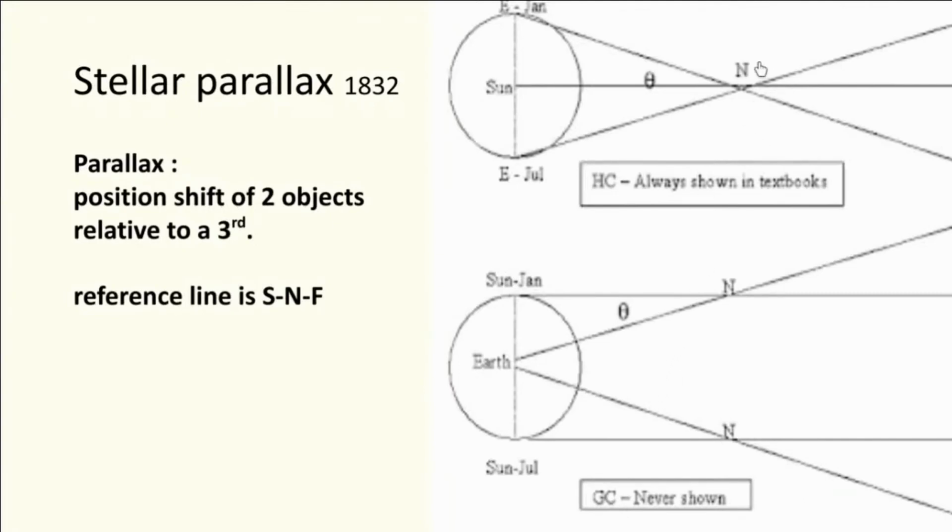When you use the geocentric model, you get the same results as with the heliocentric. So as long as the reference line is always SNF, both models will agree on the amount of parallax. Okay, you'll never see this in textbooks, which is the geocentric analysis of parallax.